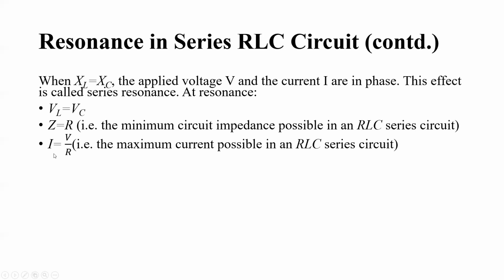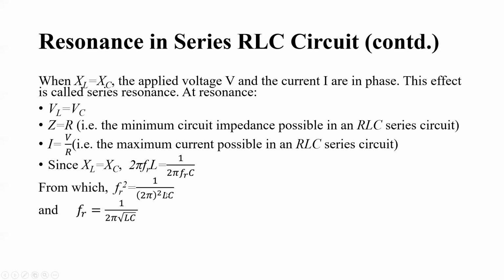The current will be V by R, which is the maximum current possible in a series RLC circuit. Since XL equals XC, we can write 2 pi F L equals 1 by 2 pi F C. This gives the resonant frequency FR, which equals 1 by 2 pi square root of LC.